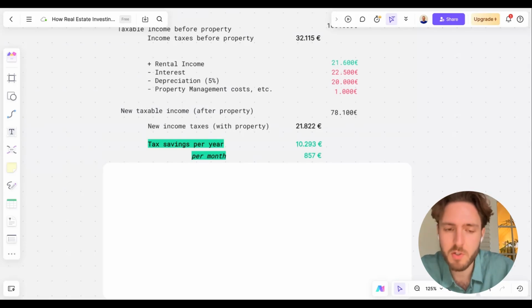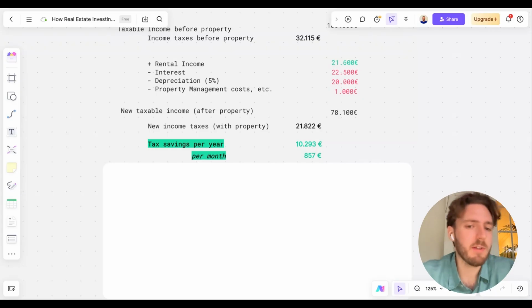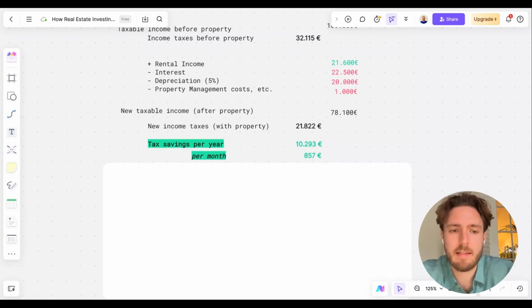Depreciation is something that you maybe know from a business. If you buy a laptop as a business, you can depreciate the value over time. In the past we've had like 2 to 3%, but new builds can nowadays have 5%, which is a huge sum, and it makes a huge difference.